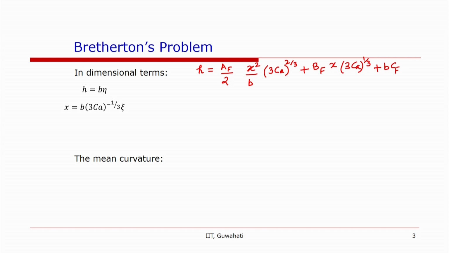Now the mean curvature, if we look at this region, the region that we are talking about here, this region will have two curvatures. One along this direction, which will be given by d2h by dx2. The other principal curvature will be normal to it.